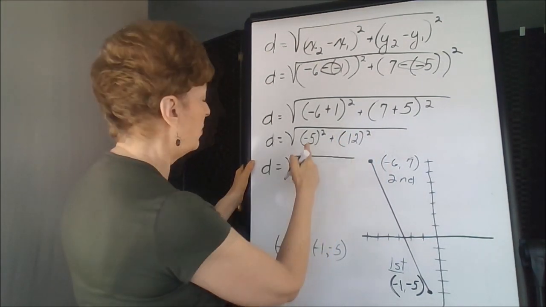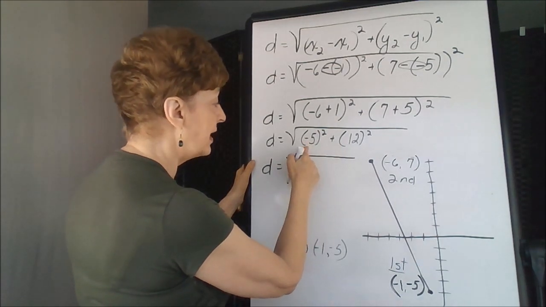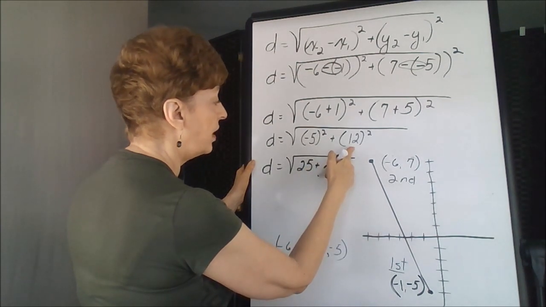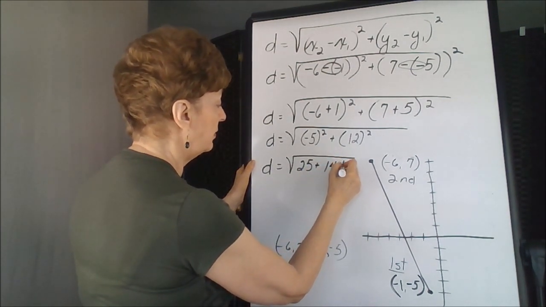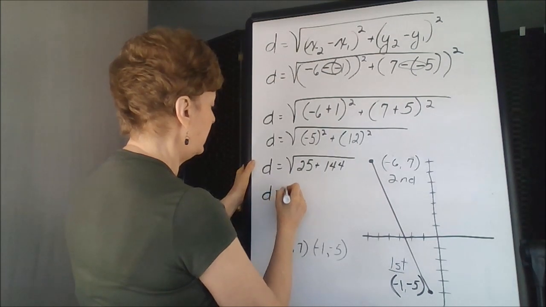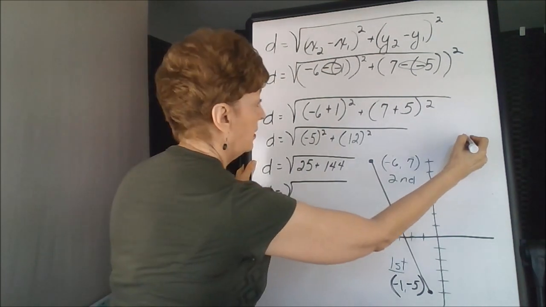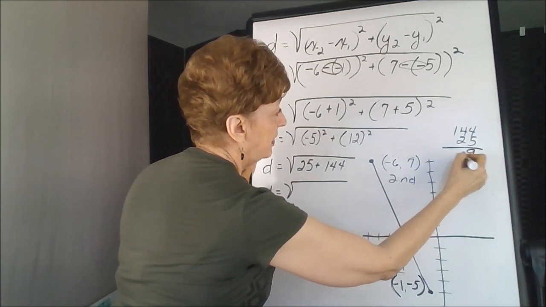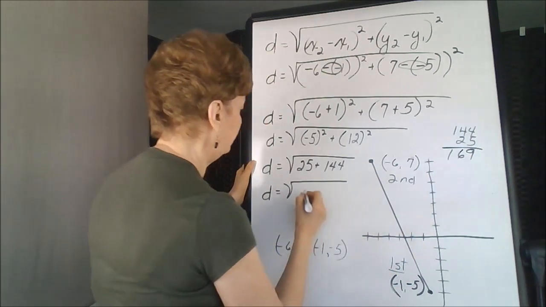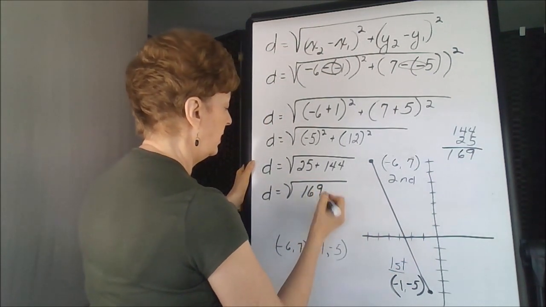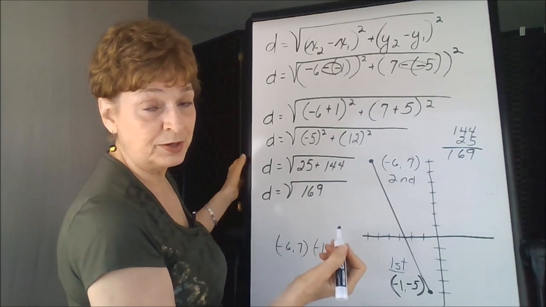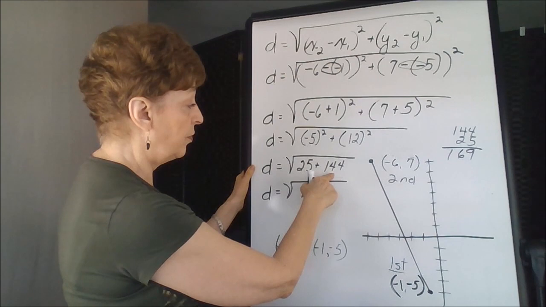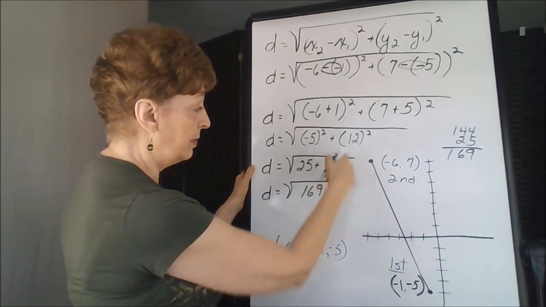Now we can take care of the square root part of it. -5 times a -5 gives us 25. And 12 times 12 is 144. Distance is equal to the square root of 25 plus 144, is 169. Now, I just know this one by heart because I've worked with it so often, but you could kind of back into this a bit. 144 was 12 times 12, so we know it's going to be bigger than 12.